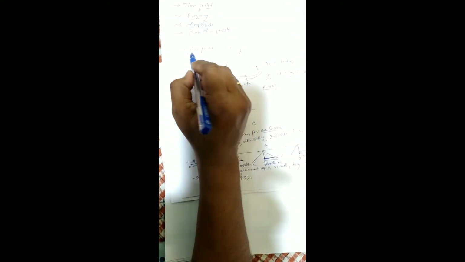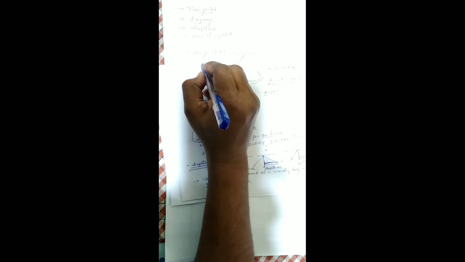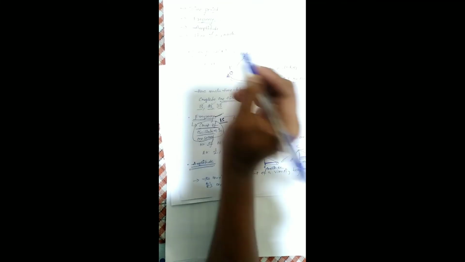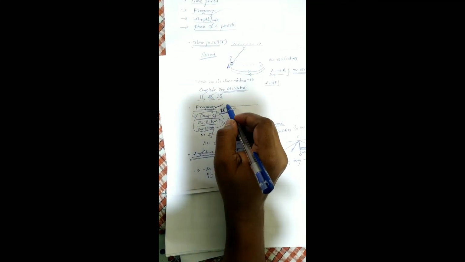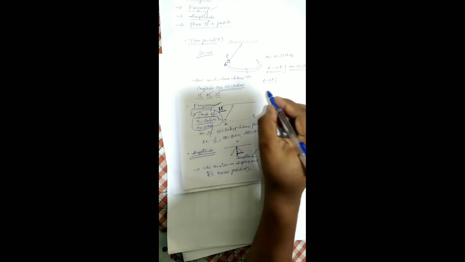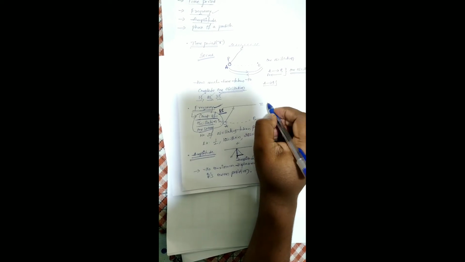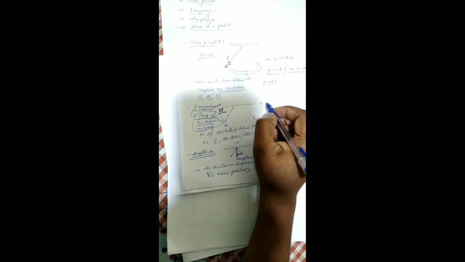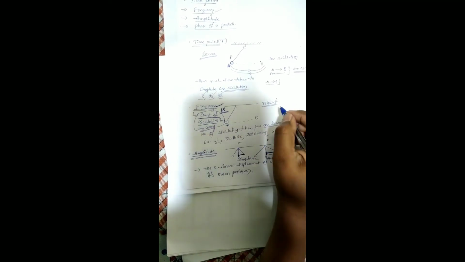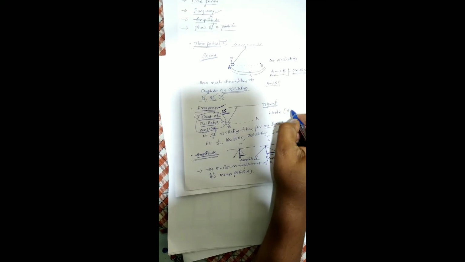Now see here, time period is represented by letter T, measured in seconds. Frequency we can write with letter N or F, and you can measure it in hertz; the symbol is Hz.